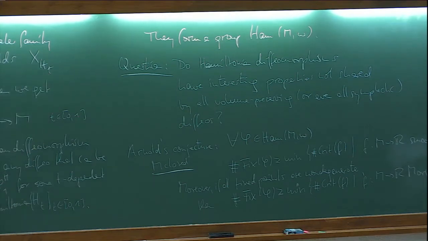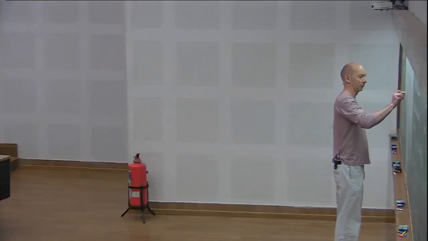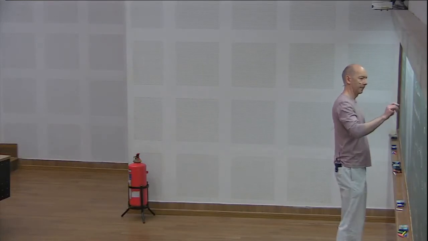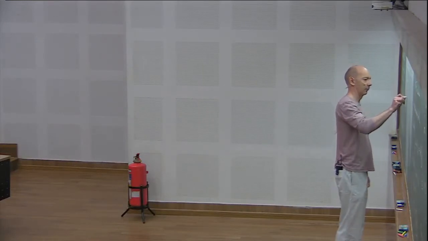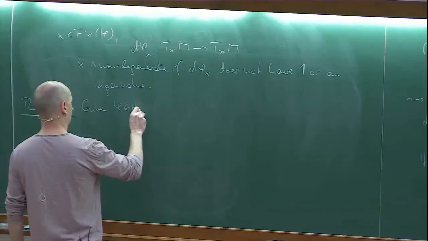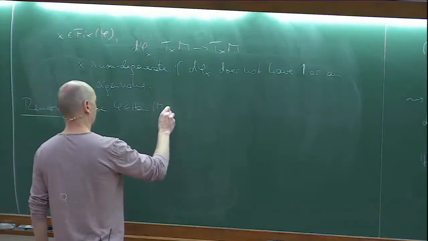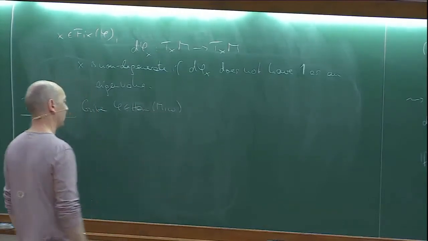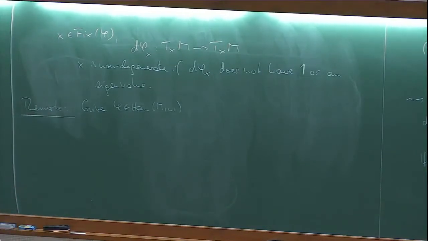So this family H_t is not unique in any way. In particular, one can always pick the family H_t such that it extends smoothly to a time periodic function on R.